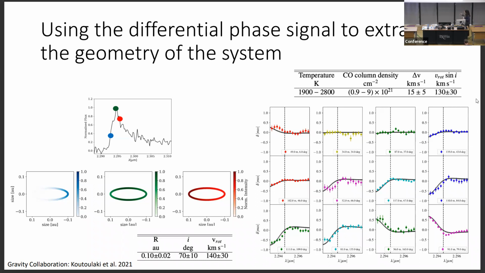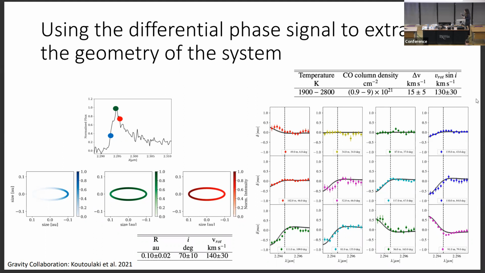So what we see here is the differential phase signal overplotted on top with the photocenter displacement calculated from these intensity maps. And by taking, for example, this case and calculating the photocenter shift for different position angles, we can actually see that we expect to have the major displacement along the major axis of the disk and the minor displacement along the minor axis of the disk.